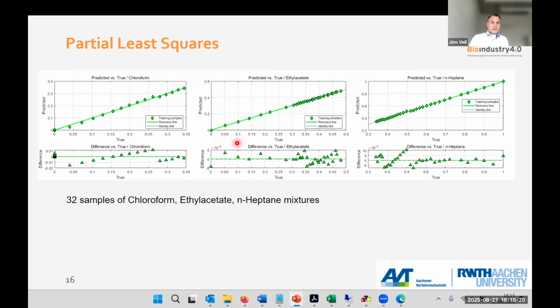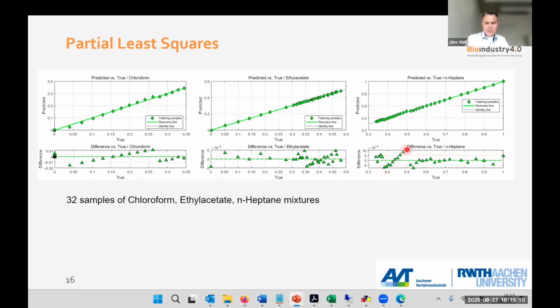We can do better with partial least squares. Here we come back to the examples of chloroform, ethyl acetate, and N-heptane. With partial least squares, you can easily quantify such a mixture. Of course, what is characteristic for partial least squares is that you have changes in the errors that are non-systematic. See, it's cloudy here basically. There are sometimes trends like this.